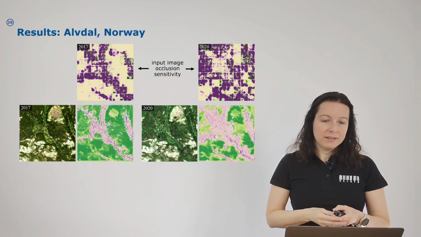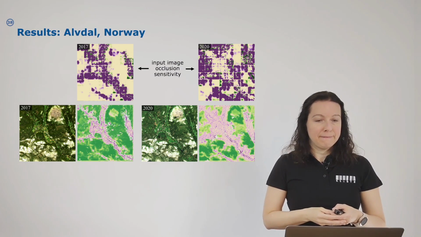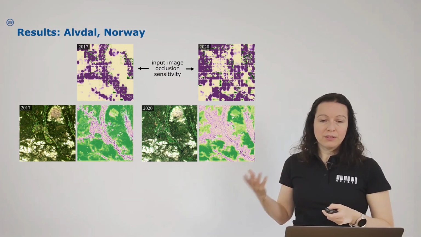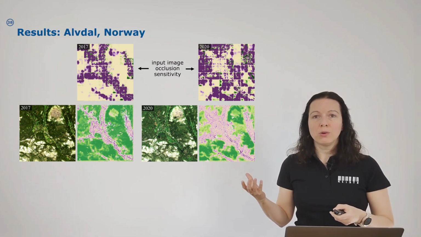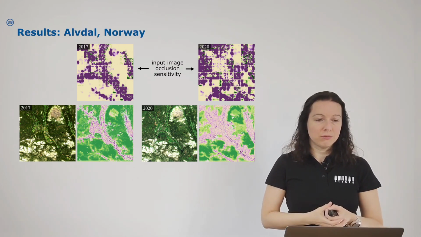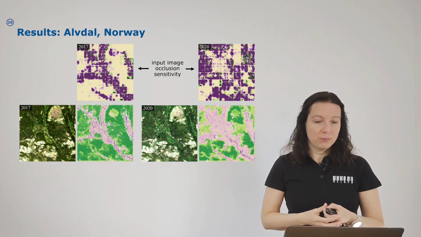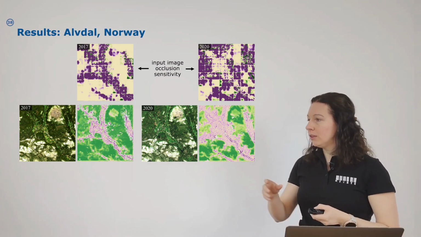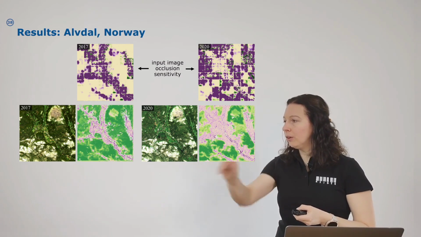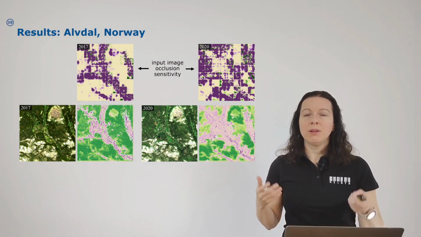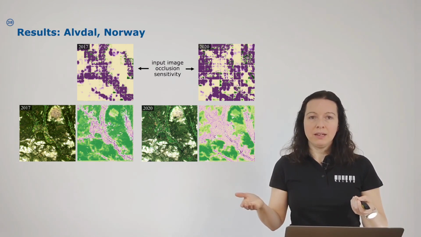And then there's some results you can see here. So, for example, you can also use this to analyze the change on Earth. So, for example, you can see on the bottom two images the same scene but in different years.